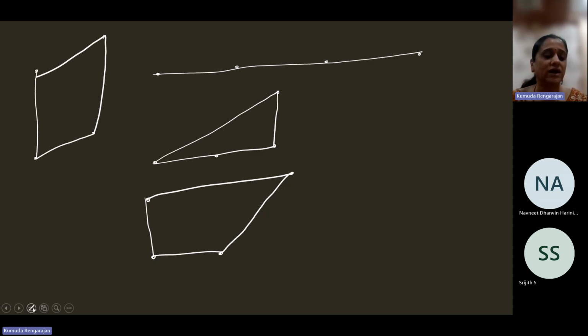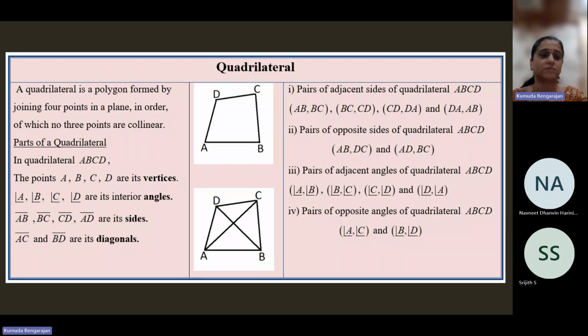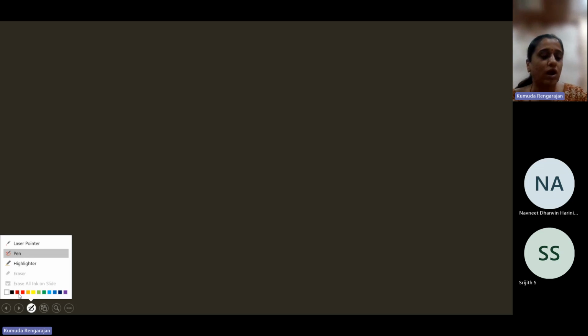So this is how we understand a quadrilateral. A quadrilateral is a figure formed by 4 points in a plane, of which no 3 points are collinear. You need 4 points.